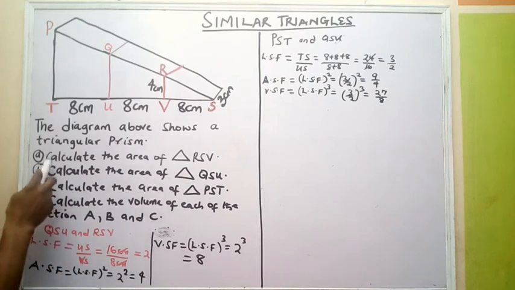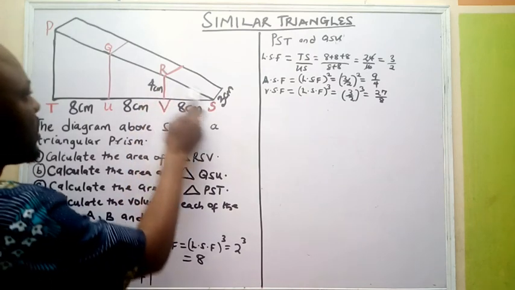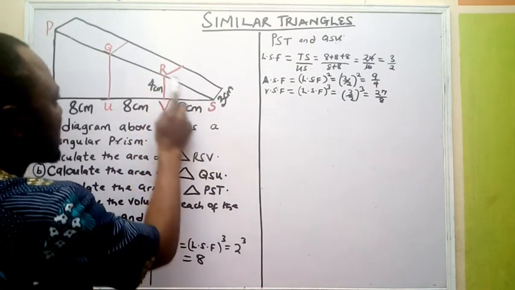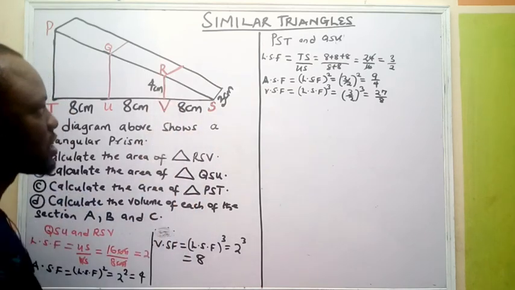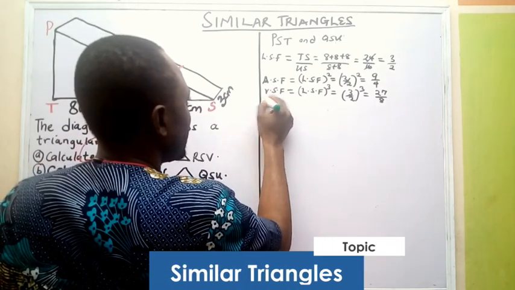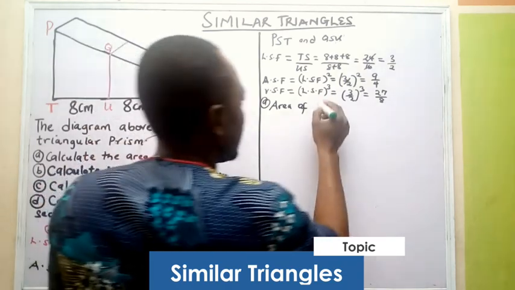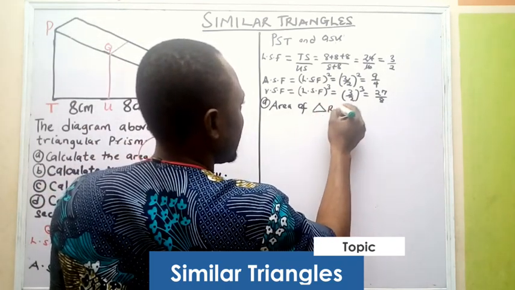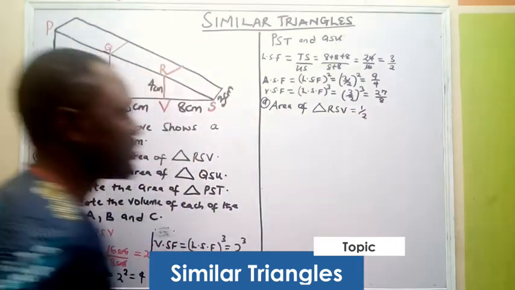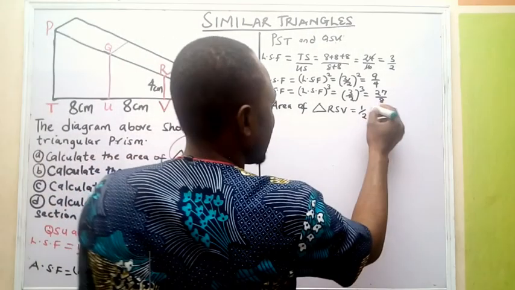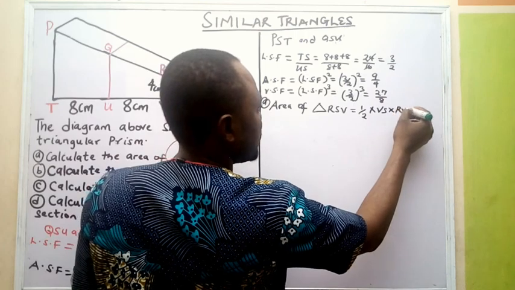Now, I want to solve the first problem. The first problem says I should calculate the area of triangle RSV. This is the triangle RSV, with a base of 8 centimeters and a height of 4 centimeters. So the area of triangle RSV will be half base times height, so half times VS times RV.